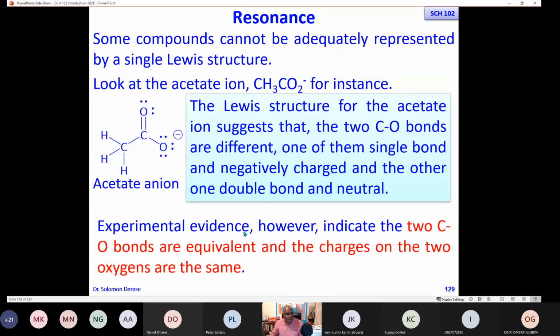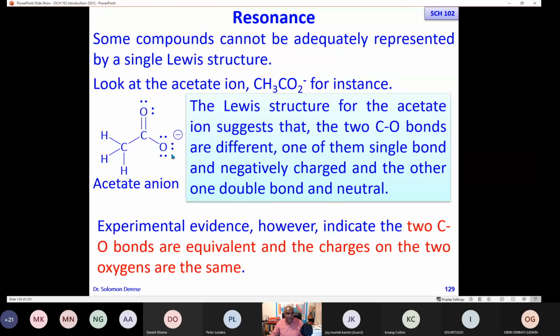however, indicates that the 2 carbon-oxygen bonds in the acetate ion are equivalent in terms of their length and their strength. And the charges on the two oxygens are the same. So the charge on this oxygen as well as the charge on that oxygen are the same.